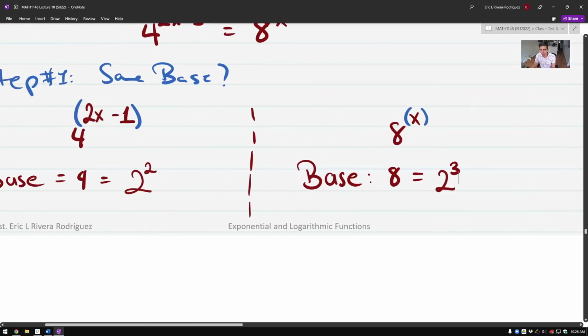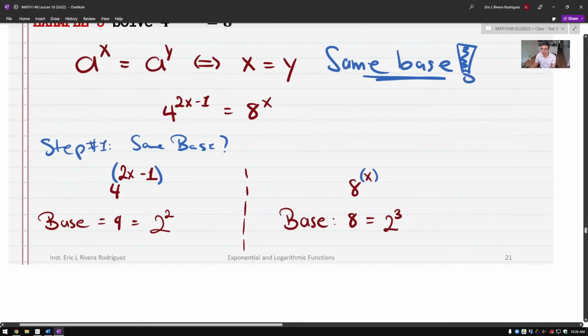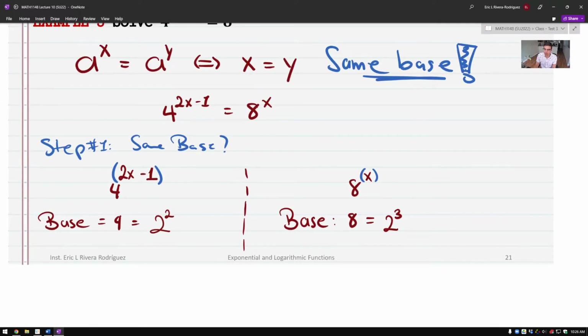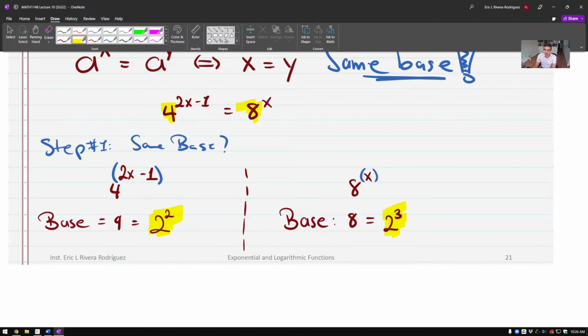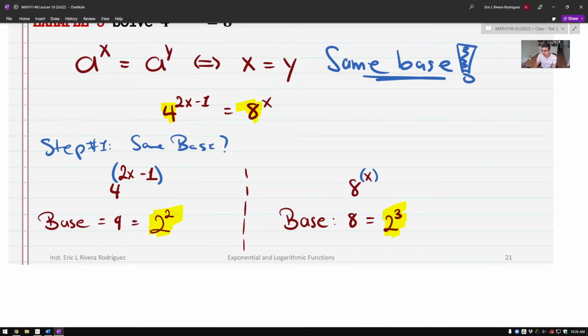So what I'm going to do is to replace 4 with the expression 2 to the power of 2, and to replace 8 with the expression 2 to the power of 3. So let's do that. I'm going to use parentheses so you can see the changes.